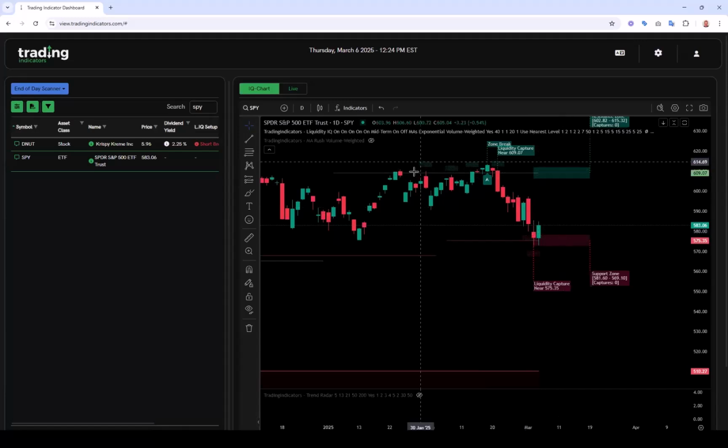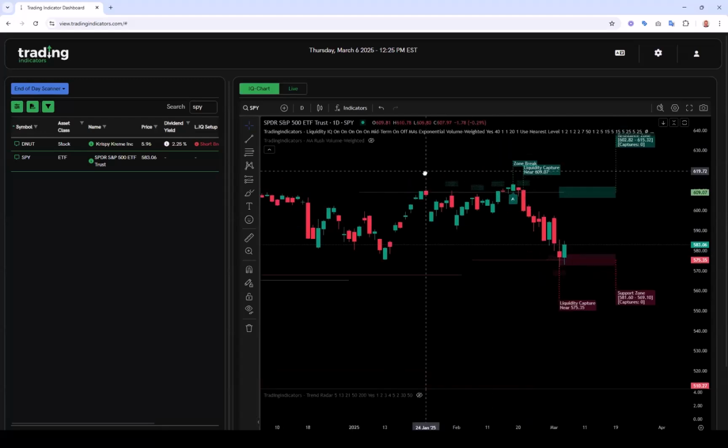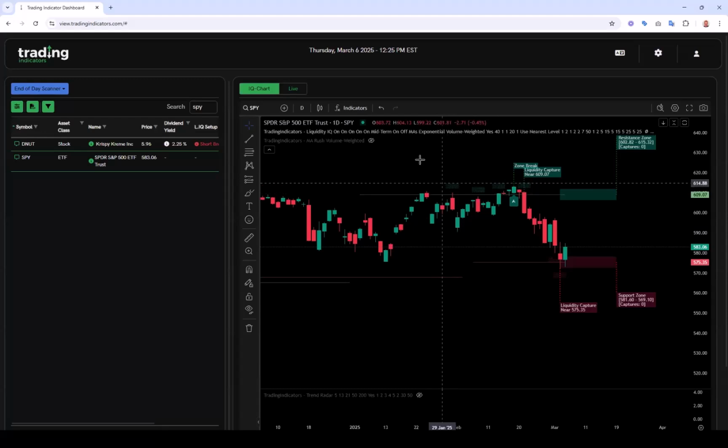We can see it here. It doesn't happen all the time, but oftentimes if we are approaching a level with a liquidity capture, these shaded areas here, only the last one is labeled, but this can happen many times prior to this, they're just not labeled to keep the chart cleaner. So if this happens in combination, chances are a bit higher that this level will hold up and price will bounce off from it.